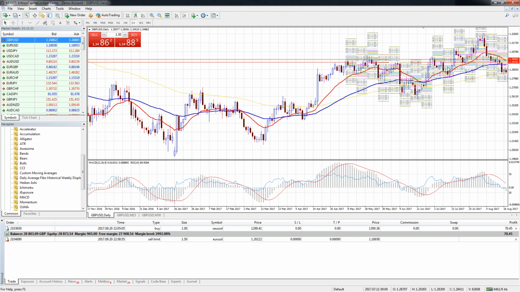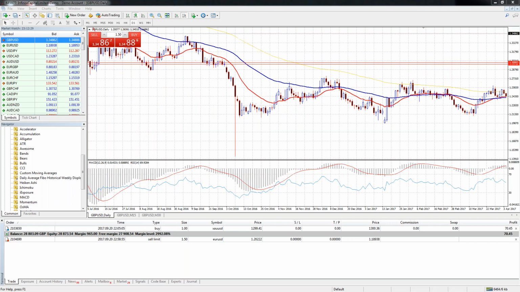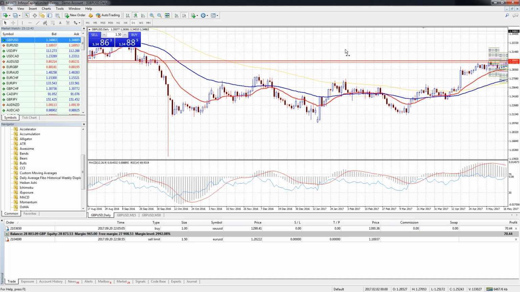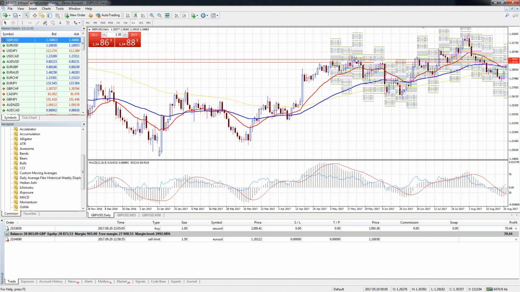Since we broke down through this level in October 2016, we broke down 1.30, the market actually dipped all the way in the flash crash below 1.15, and since then we've recovered. The market recovered up to the 1.20 level, 1.25, and then recently in May, June, all through the summer, the market really attempted, look at this, several attempts to break 1.30.